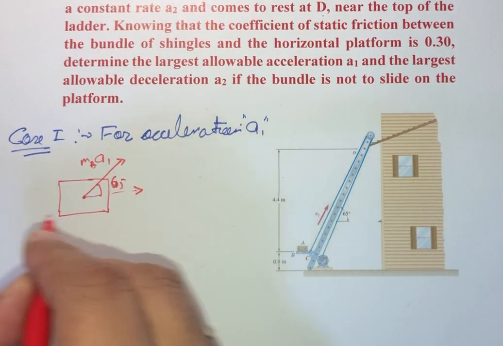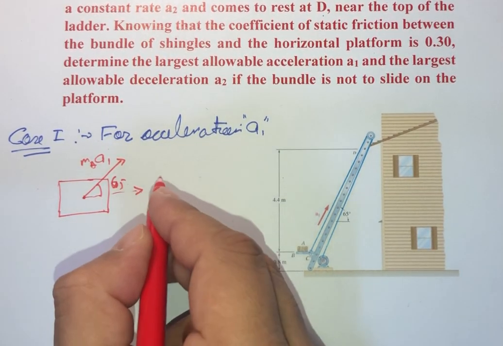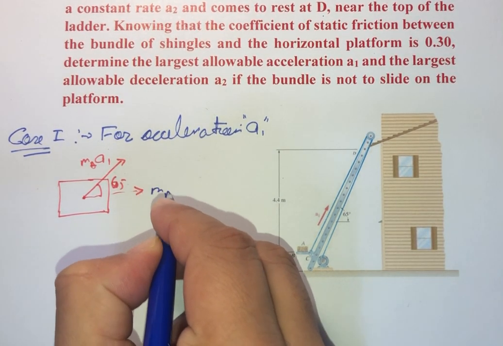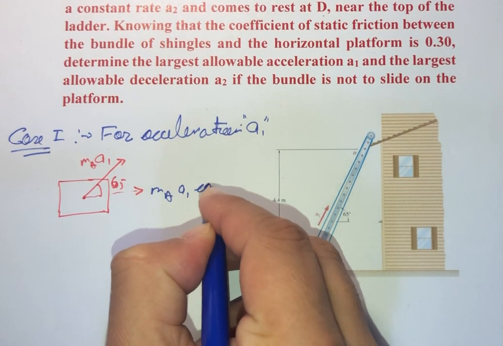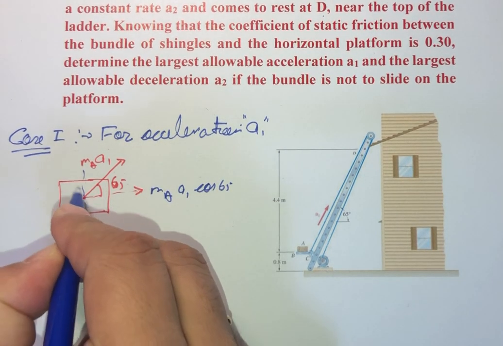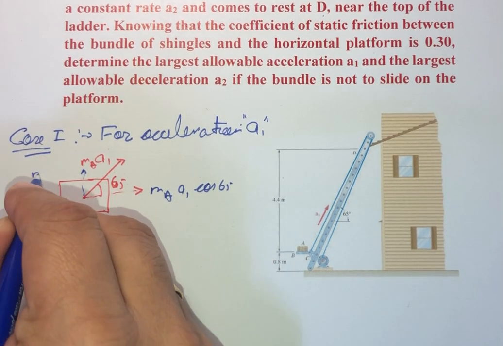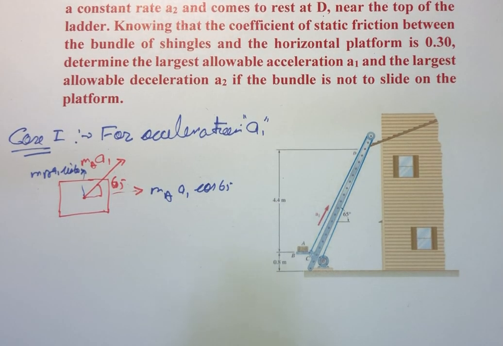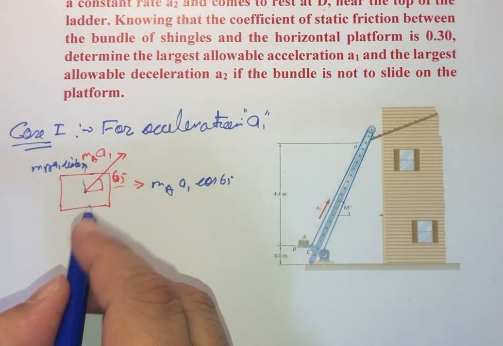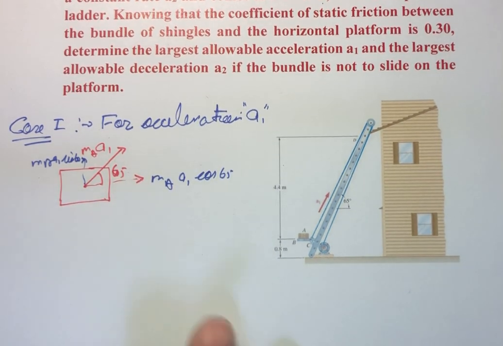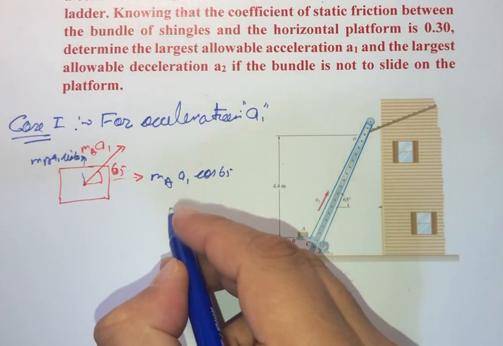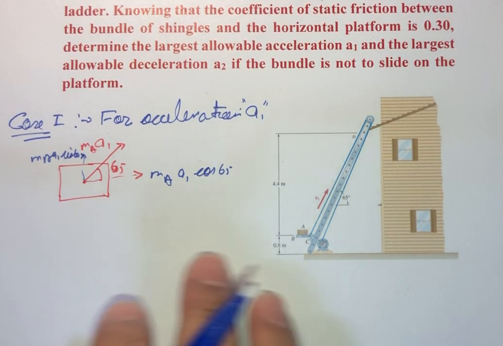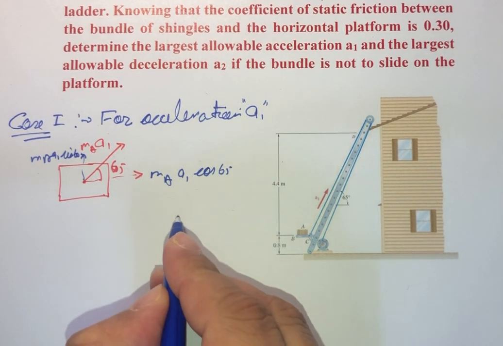So we can divide it into two components. This will be M_A A1 cos 65 and a vertical component that will be M_A A1 sine of 65. So these are the forces. Once again we can draw it with respect to friction and other forces.